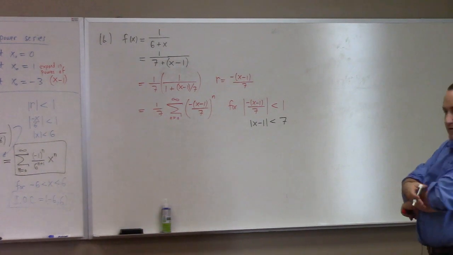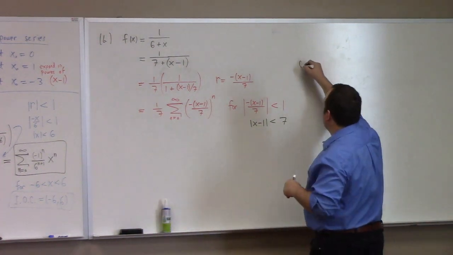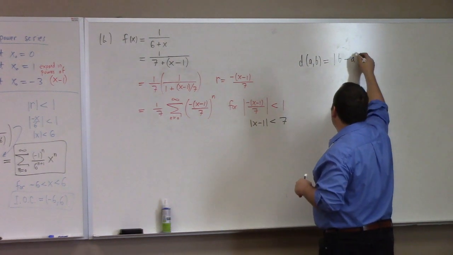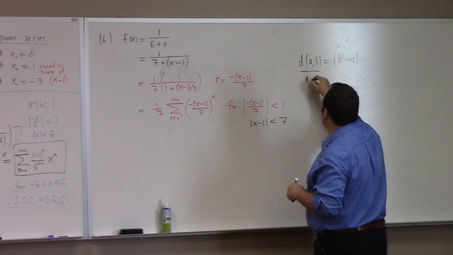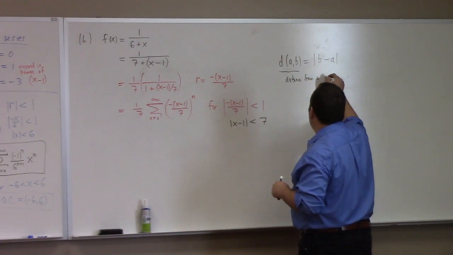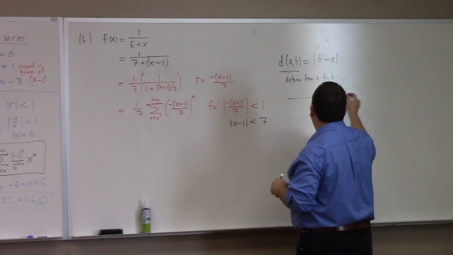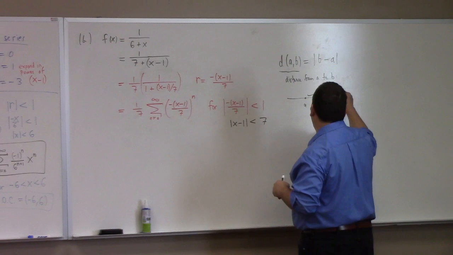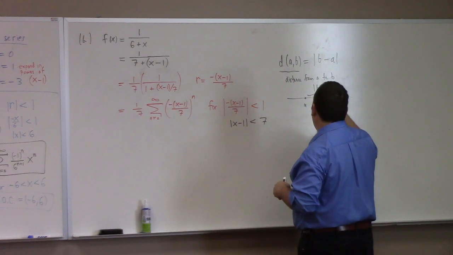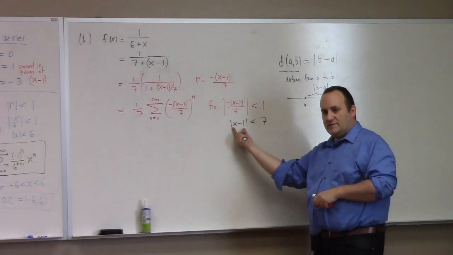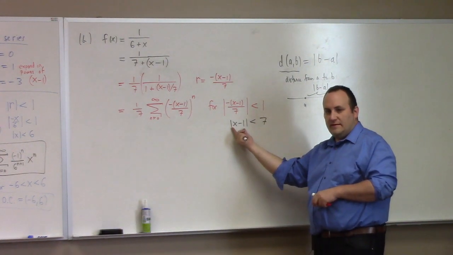Here's how you should think about it. The distance between 2 points on the real number line is the absolute value of b minus a. This is the distance from a to b. So when I see this, it says the distance from x to 1 is less than 7.